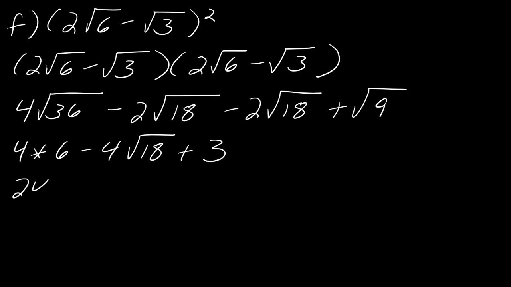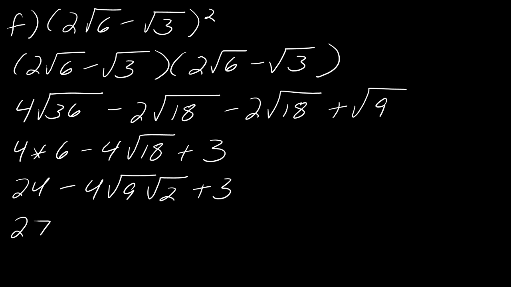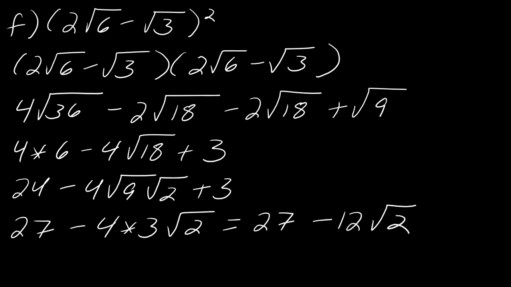And so that will be 24 minus 4 times the square root of 9 times the square root of 2 plus 3. So this will be 27 minus 4 times 3 times the square root of 2. And so this will be 27 minus 12 times the square root of 2.